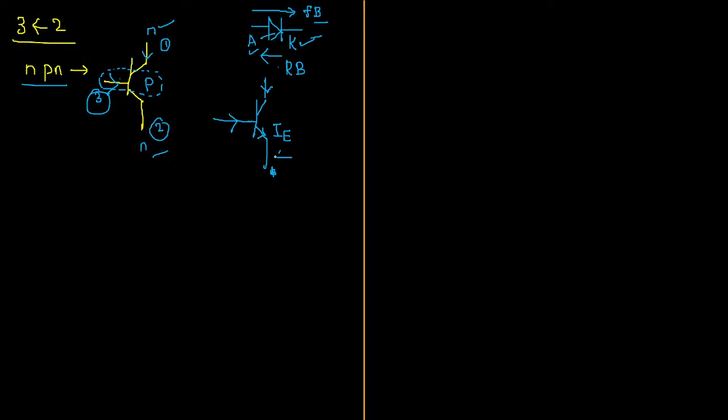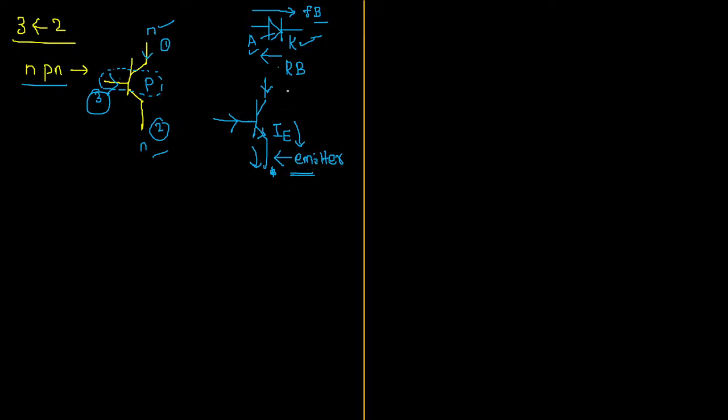This layer number 3 is basically called the emitter. Why is it called emitter? Here it is emitting the charge. In the NPN transistor we are trying to pass the current outside, so positive charge carriers are going out. So here it is emitting the positive charge carriers because current is going outside, no?